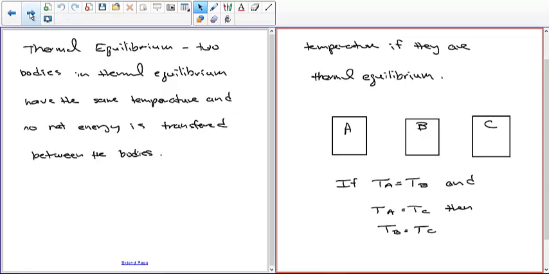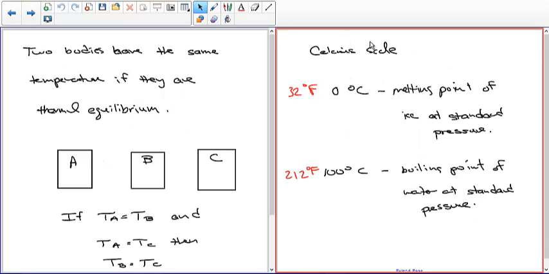Okay, so how do we determine temperature scales? Well, we have some kind of standard that we're basing it upon. In science, the Celsius scale is used a lot, and we decide, for a good reason, that 0 degrees C is going to be the melting point of ice at standard pressure.